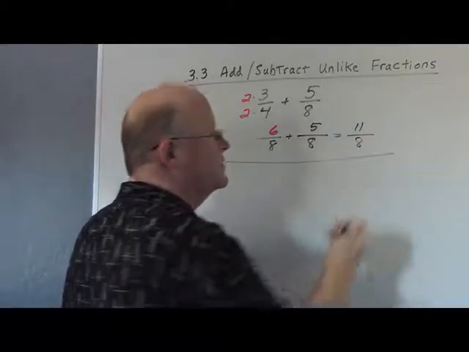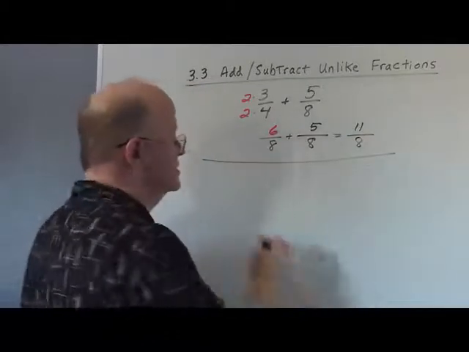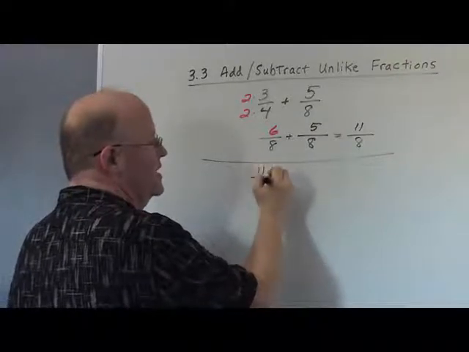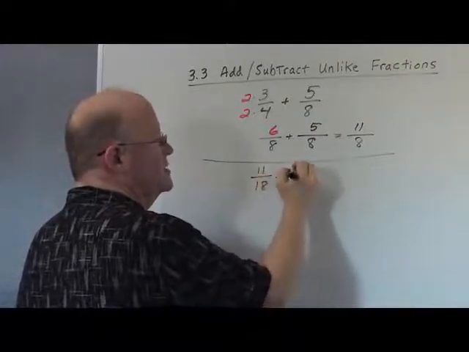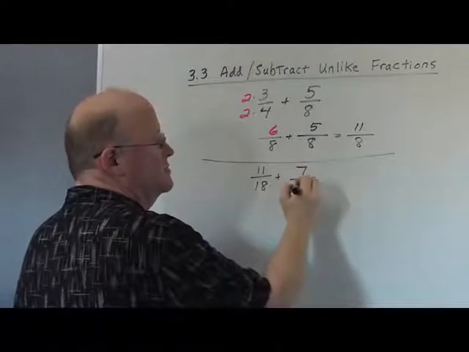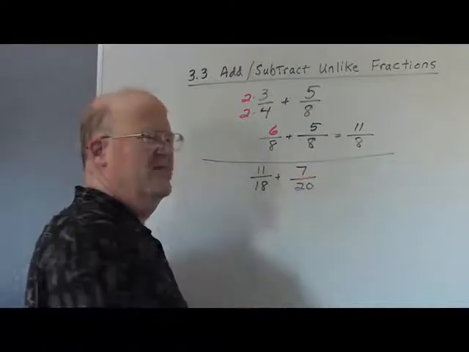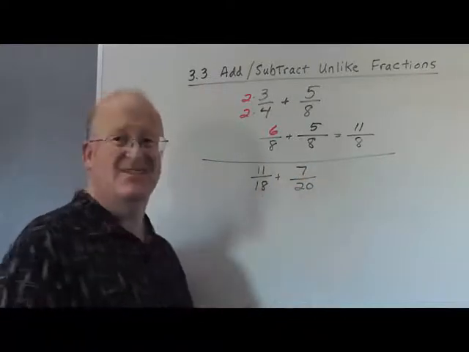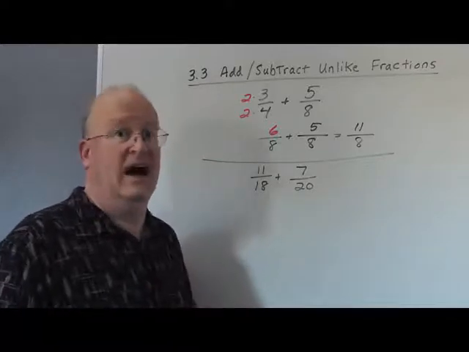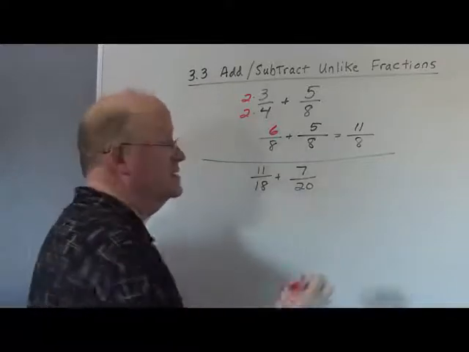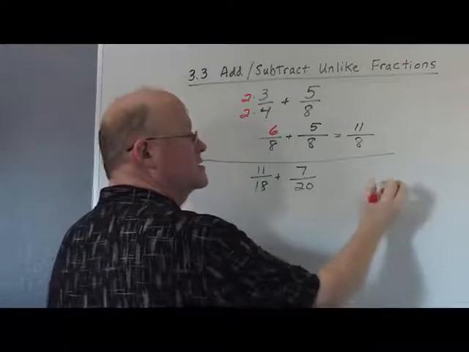Let's try another, but this time we're going to have some larger denominators. Let's go with 11/18 plus 7/20. Ooh, yuck. 18 and 20, what do they both go into? I don't know. So let's go off to the side and find their least common multiple.